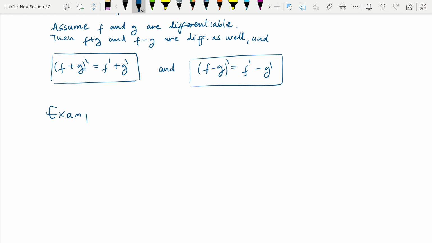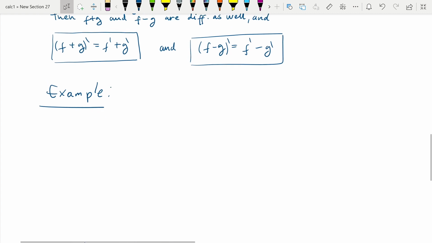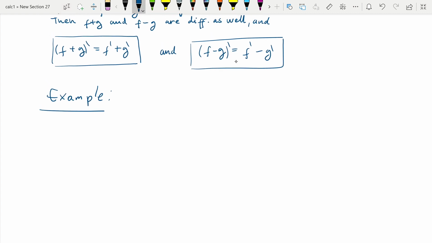So for example, we can combine what we've just gone over and we may be asked to compute the derivative of, say, e to the x minus x squared plus 1 over x plus the cube root of x.